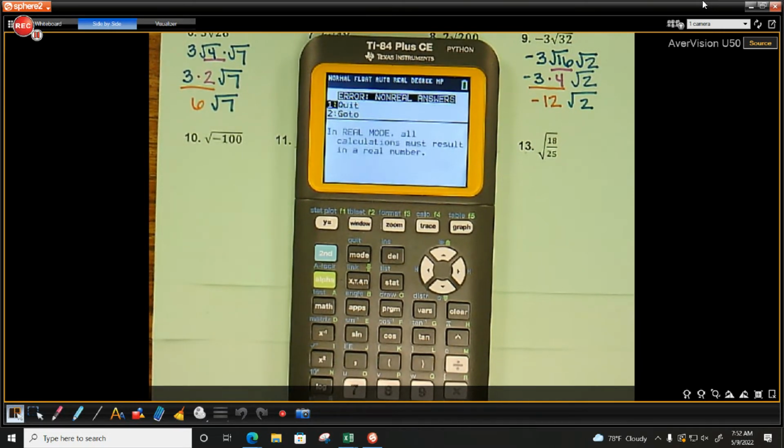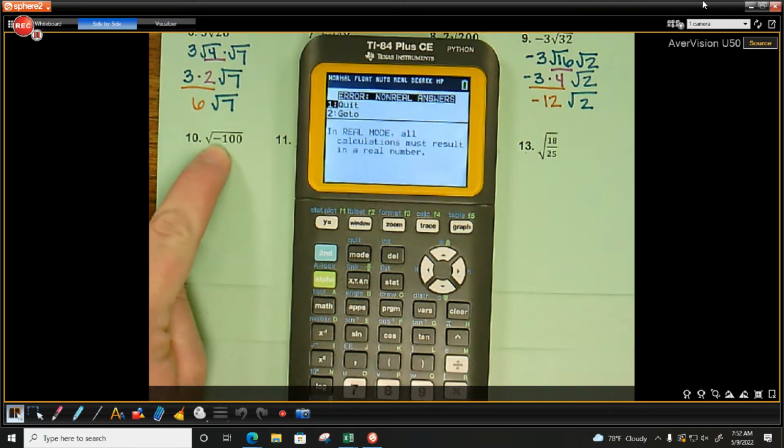If you remember back, can we take the square root of a negative number? Nope. In the world we're in, Algebra 1, there's no number that you can multiply by itself and get a negative. Now when you go to Algebra 2, you go to a brand new world, and then you will be able to multiply and get a negative.